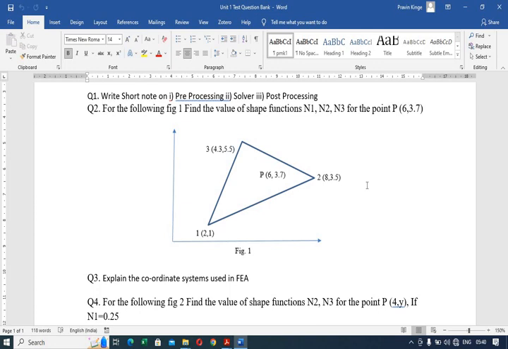That is, first one is pre-processing, second solver and third post-processing. So in pre-processing, it starts with the creation of the model of the component or machine whose analysis is to be carried out. Then the second step is importing that model into the analysis software.